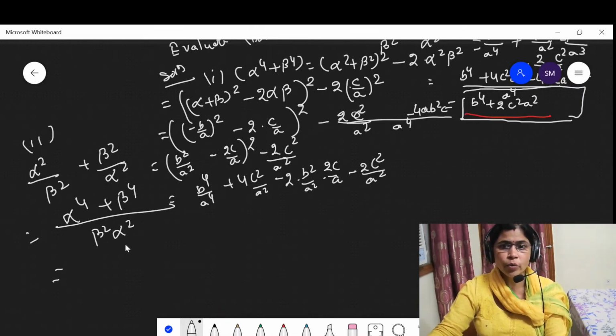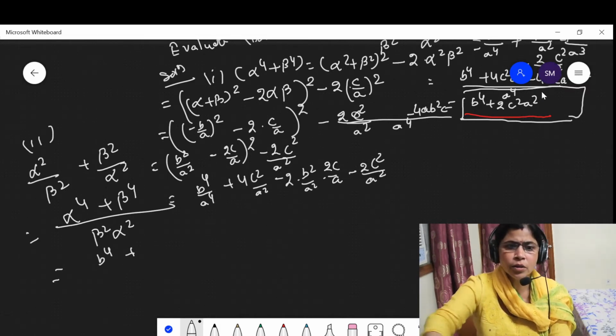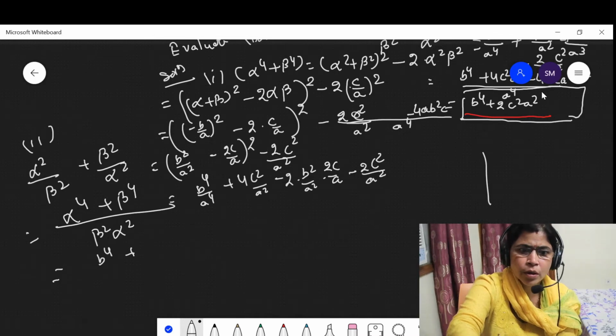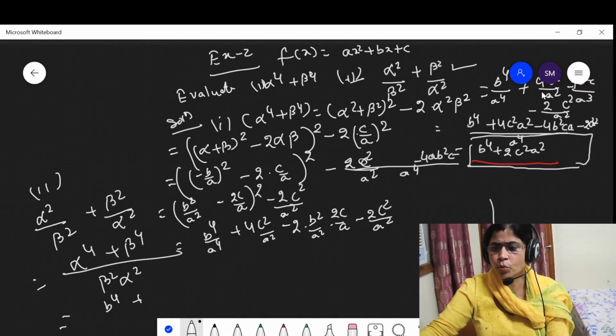Then when we put the value of alpha fourth plus beta fourth, this is b fourth plus 2c square a square minus 4b square ca upon a fourth.